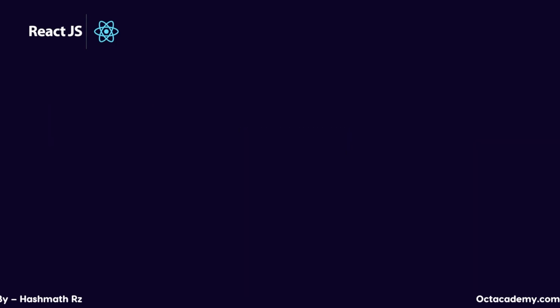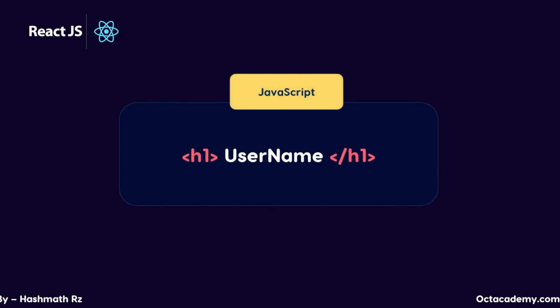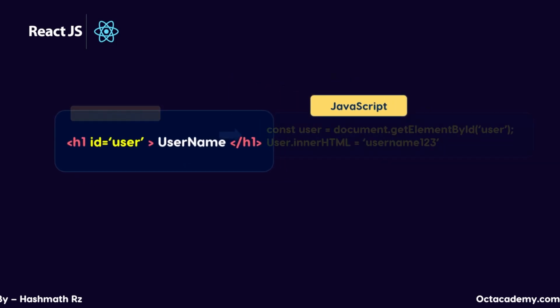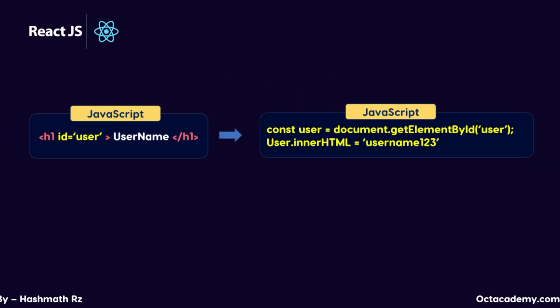For example, think if we want to load the user's name dynamically inside the h1 tag. In pure JavaScript, first we have to give an ID to this h1 tag, then we have to capture the h1 tag using getElementById.